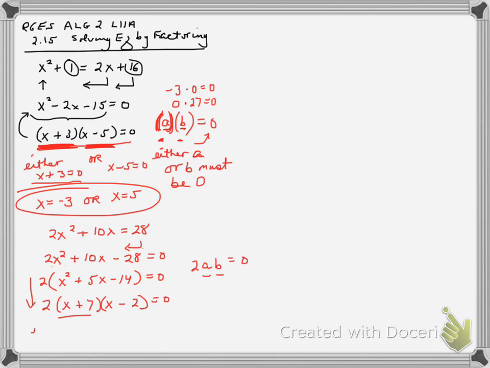So let's write that out. Either x plus 7 equals 0, or x minus 2 equals 0. Solving, we would get x equals negative 7 or x equals 2.